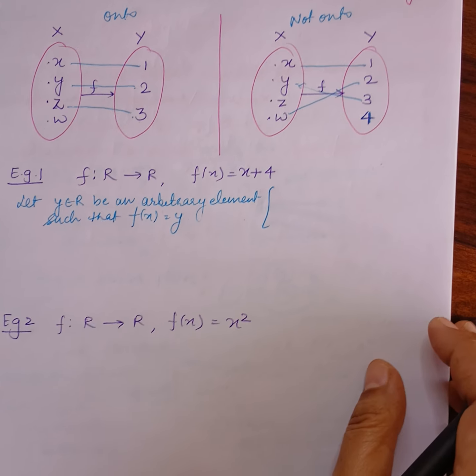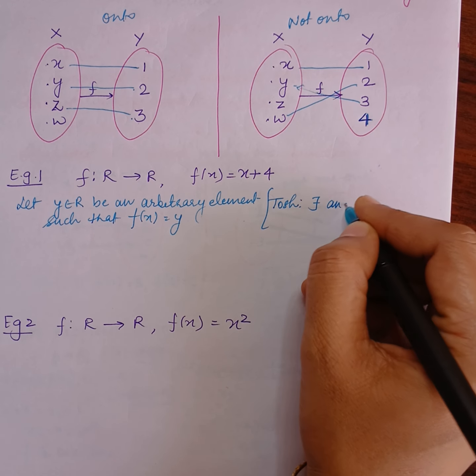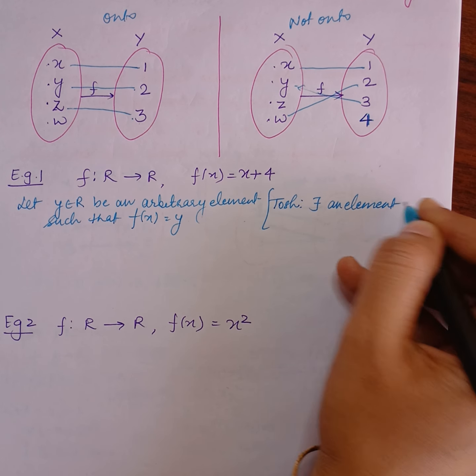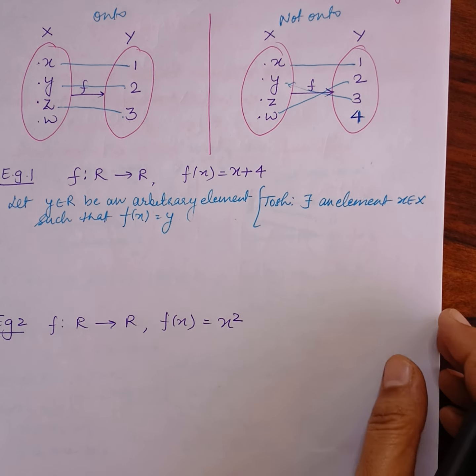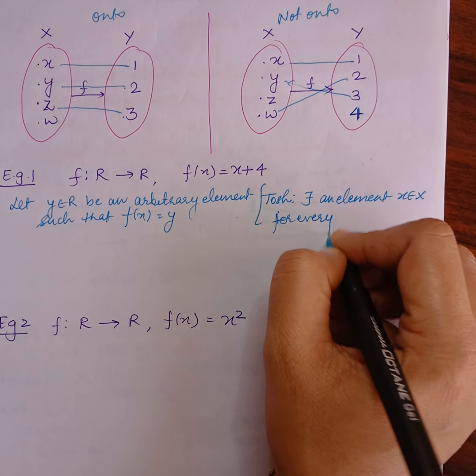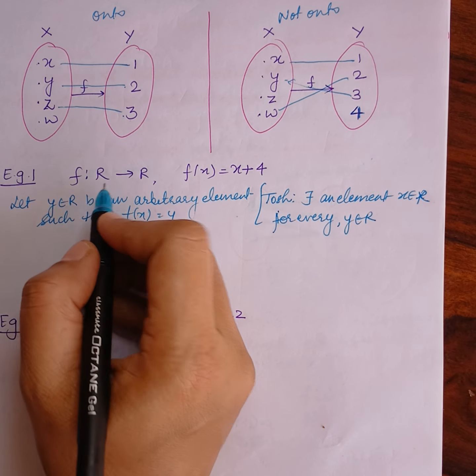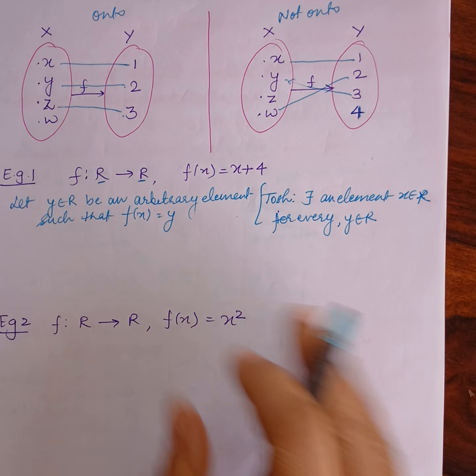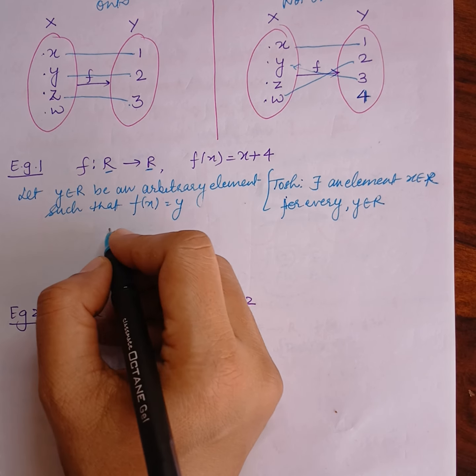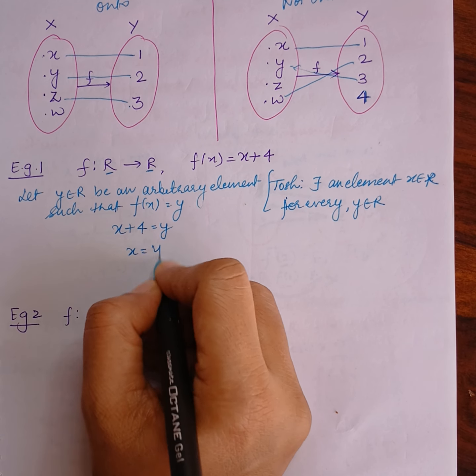And what we need to show here is that there exists an element x belongs to R for every y belongs to R, because here I have taken the domain and codomain as R and R. So f(x) is equal to y, it means x plus 4 is equal to y. So it means x is equal to y minus 4.